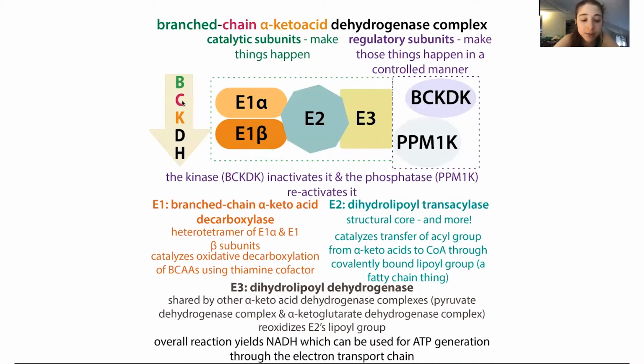This is an enzyme complex, and remember, enzymes speed up a reaction without being used up in the process. This enzyme complex is actually going to use several helpers, or cofactors.